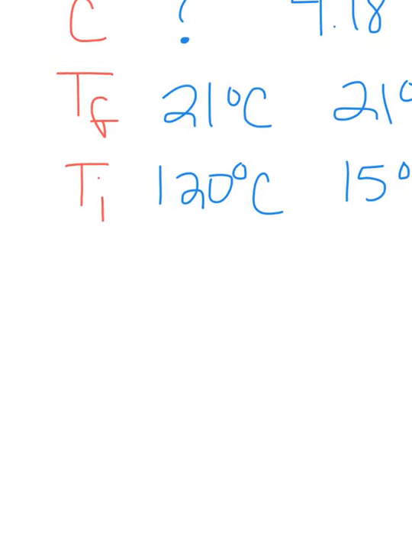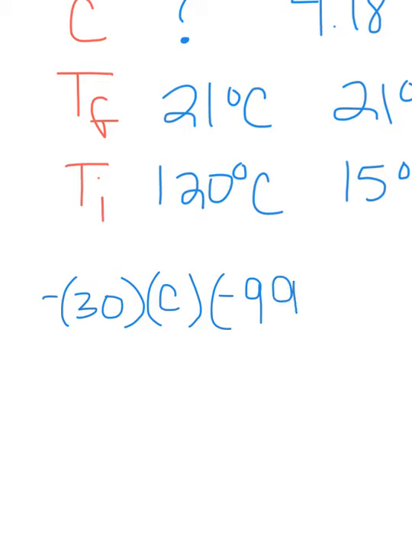So negative, we know the mass of the metal. We're solving for the specific heat. And the temperature change, final minus initial. 21 degrees minus 120, negative 99. So that's the information for the metal.